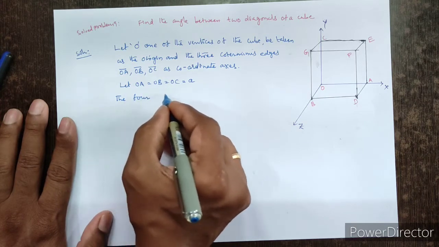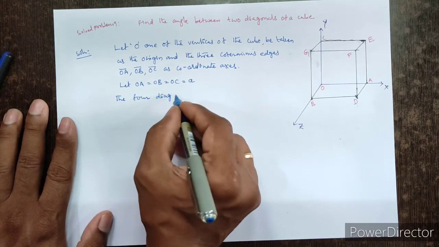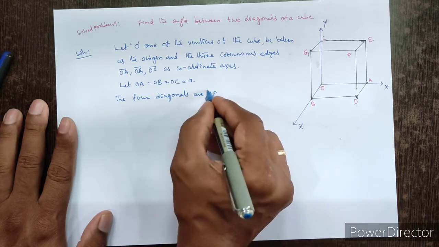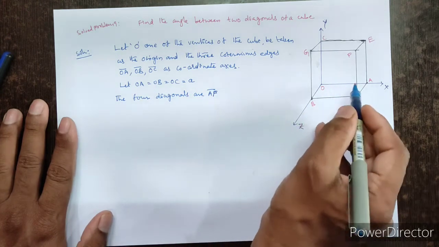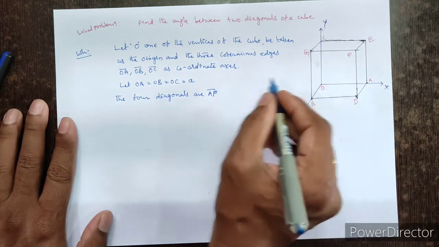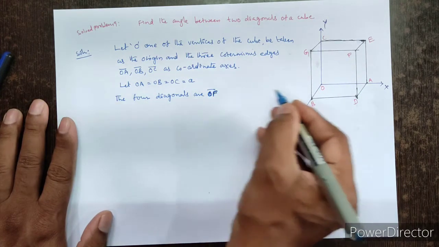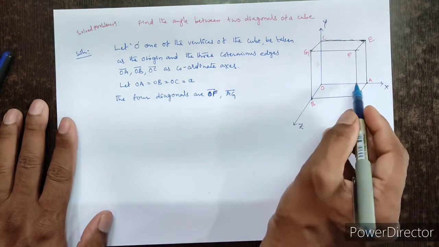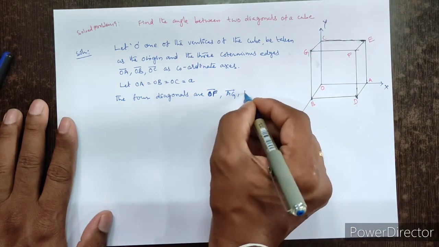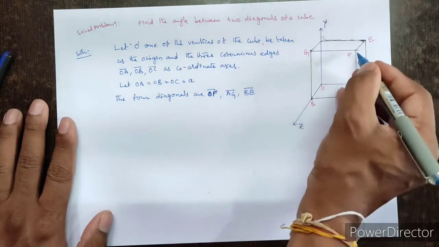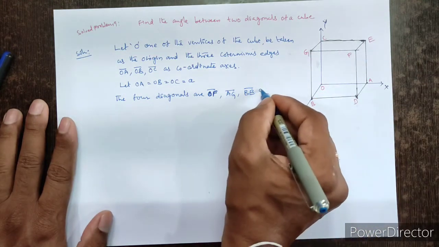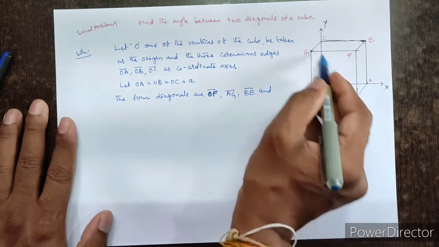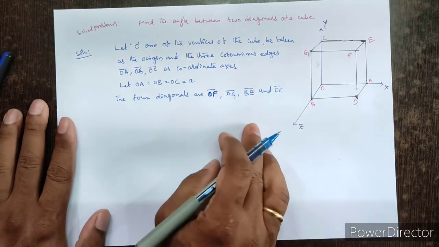The four diagonals are OF, AG, BE, and DC.